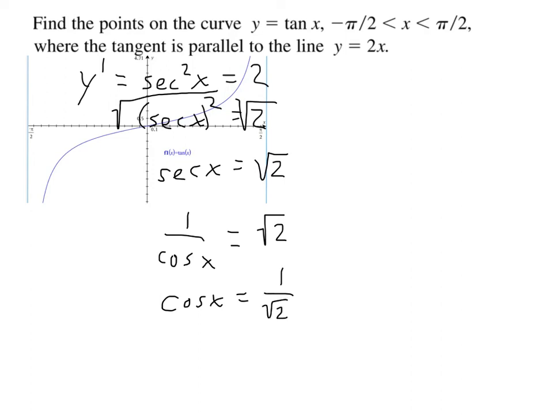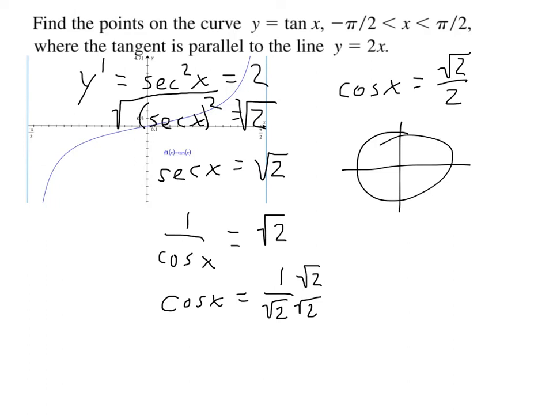But that's an improper fraction, so I'm really asking multiply this by root 2 over root 2, and what this is really asking is when is the cosine of x equal to square root of 2 over 2 on the domain negative pi over 2 to pi over 2.